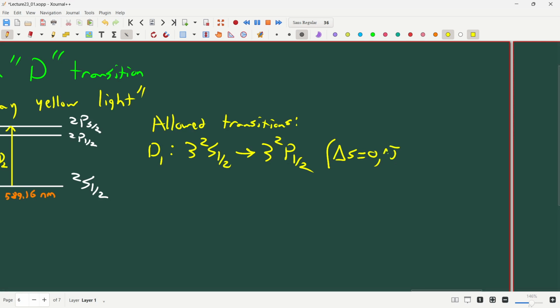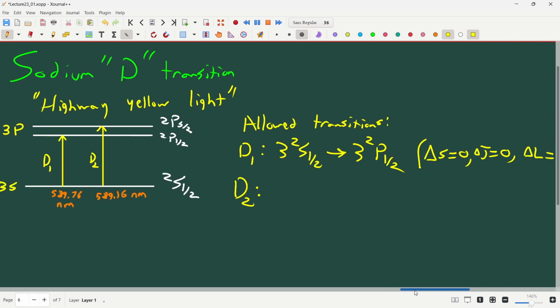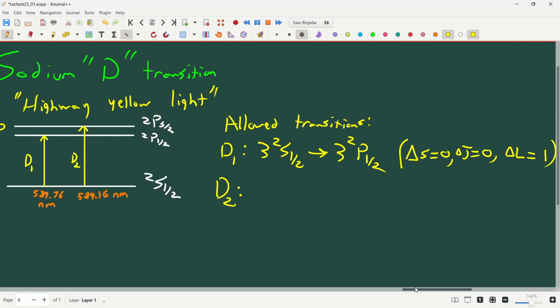Delta J is equal to 0, and delta L is equal to 1. This is allowed: J is not changing, spin's not changing, but L is changing. This is all good. Is that better? Yeah, so is that 589.6? The first one's 589.76, and the other one's 589.16.